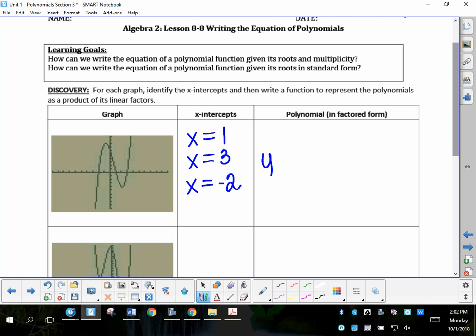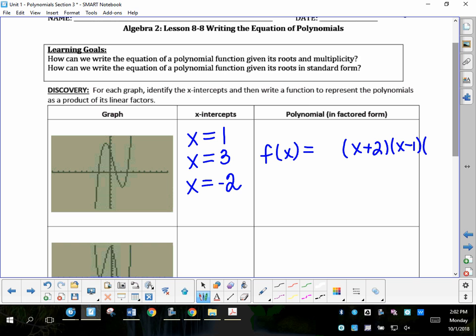What is a possible equation of this? Well, I'll even give it out as an f of x. In factored form, what would the f of x go through and look like? Ashley, what would you go through and say? Okay.